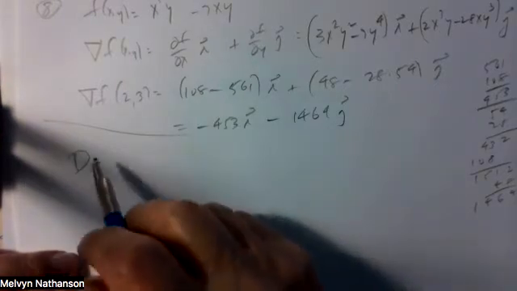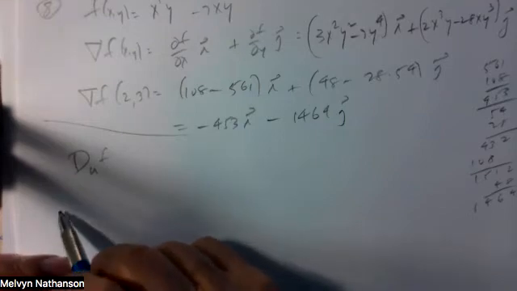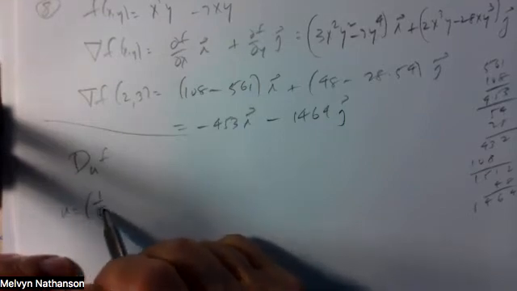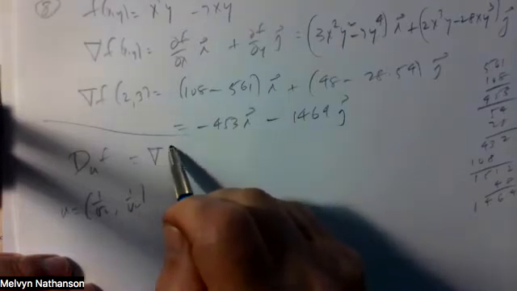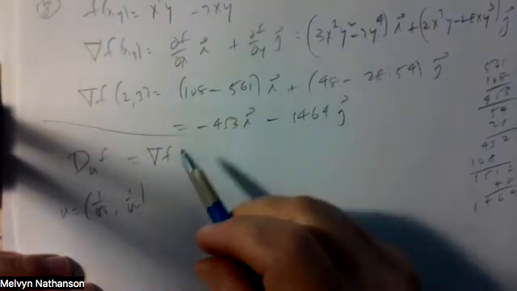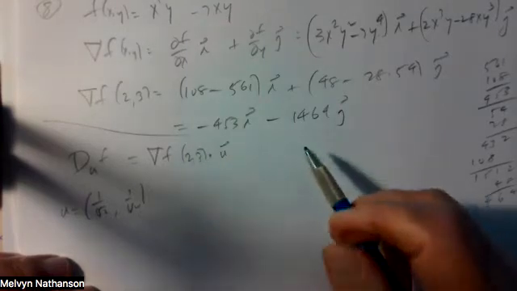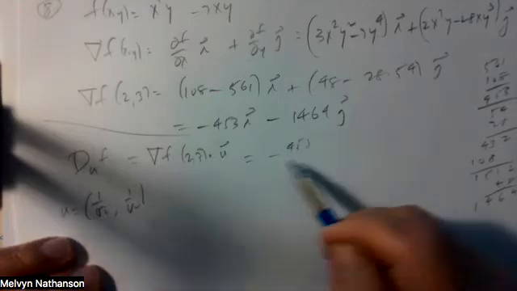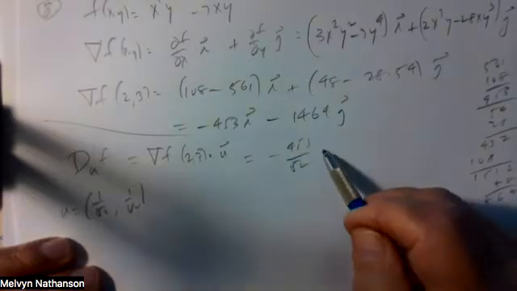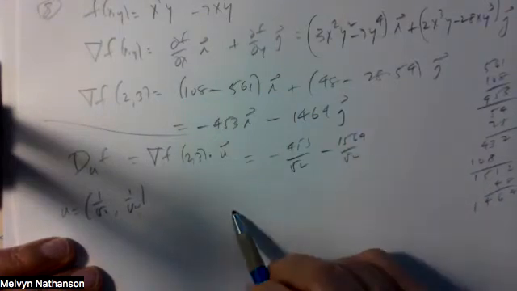And the directional derivative of f in the direction u. So u is a unit vector, 1 over root 2, 1 over root 2. It's the gradient of f at (2, 3), dot product with u. So that's equal to minus 453 over root 2 minus 1564 over root 2.